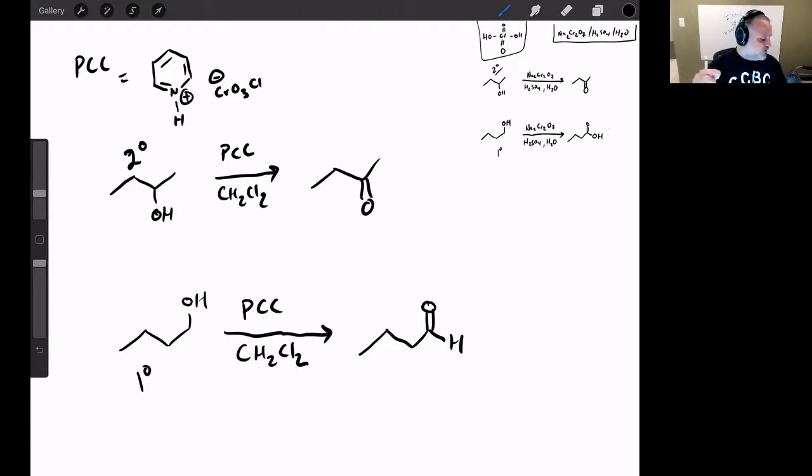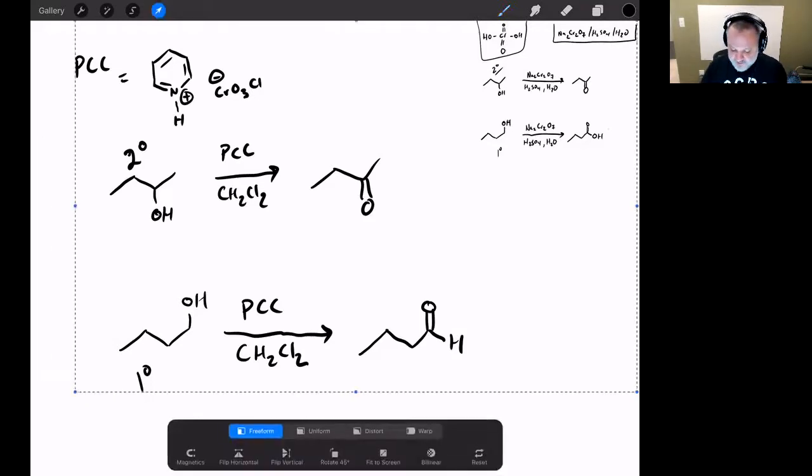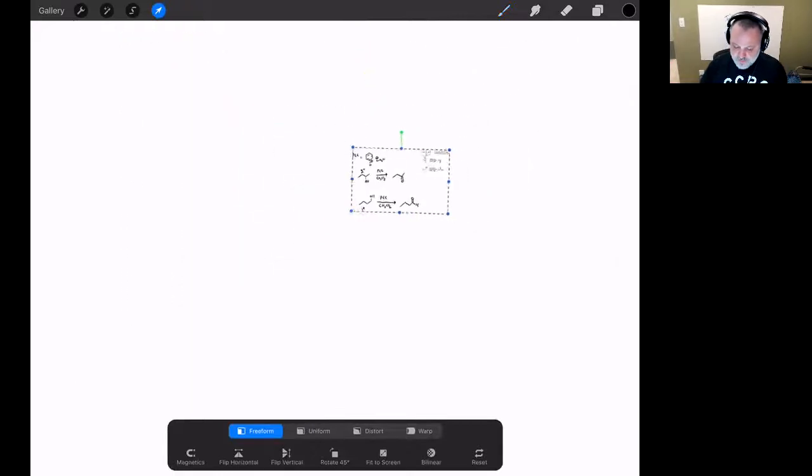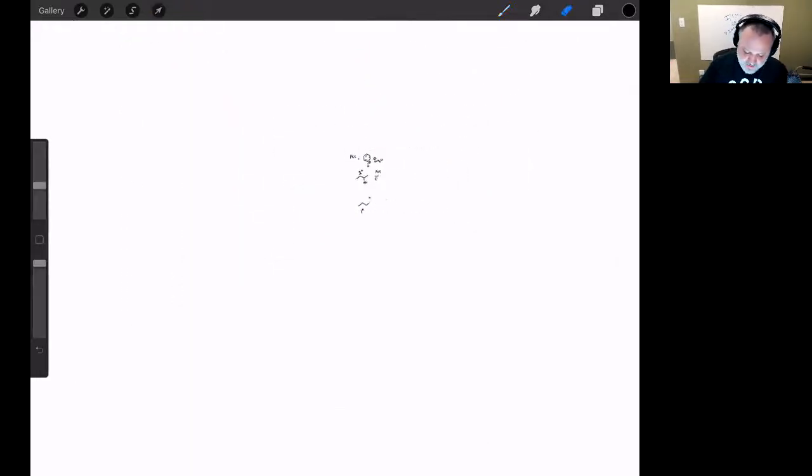I want to just reiterate that if you're getting to the point where you're recognizing a particular reagent or a particular reaction as having undergone an oxidation, then what you want to be able to do is say, what kind of oxidation was it? Did it oxidize the carbon fully, or did it stop at the aldehyde? And if it stopped at the aldehyde, then you have to use one of the less strong oxidizing agents.